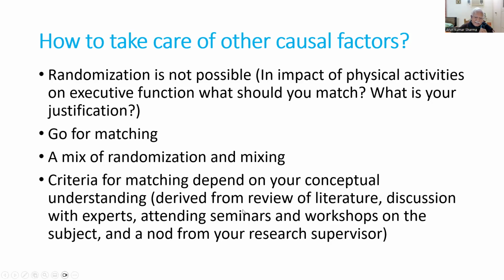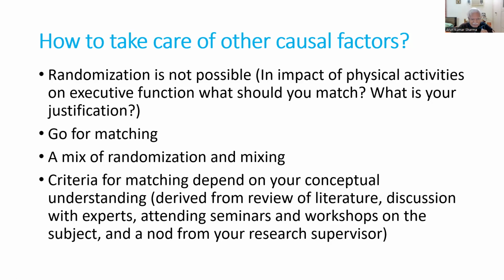The criteria for matching depend on your conceptual understanding, which is derived from review of literature, discussion with experts, attending seminars and workshops on the subject, and a note from your research supervisor if you are a PhD student. Okay, so to repeat, in experimental research, you go for randomization.